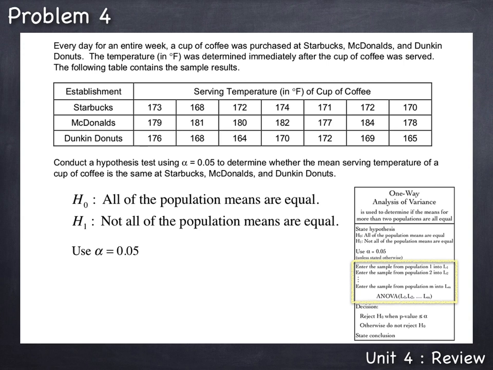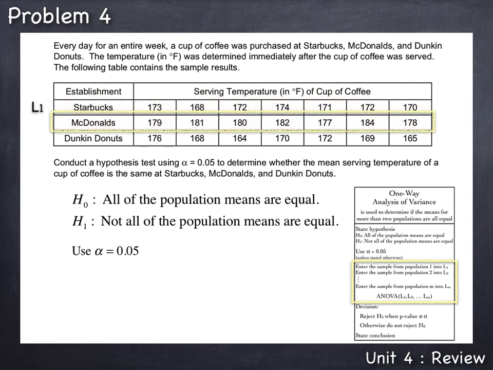In a one-way analysis of variance, we have more than 2 populations from which we take more than 2 samples. So we need to enter the data into the calculator 1 sample at a time. To do this, we would enter the sample from the first population into the first list. Here we'll let Starbucks be our first population, so this sample data will be entered into list 1.